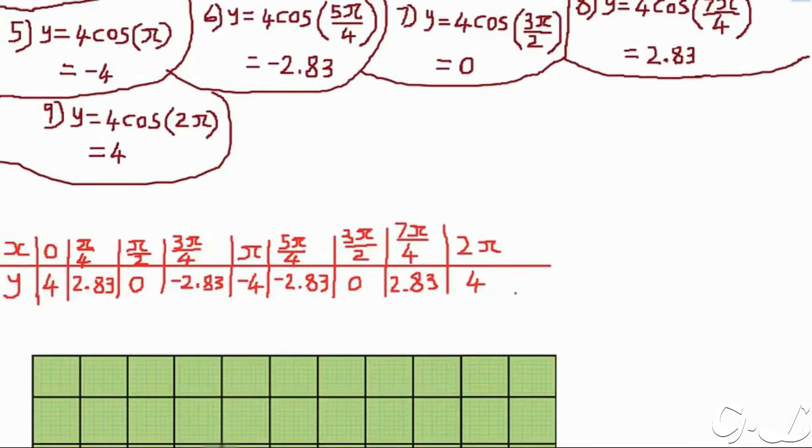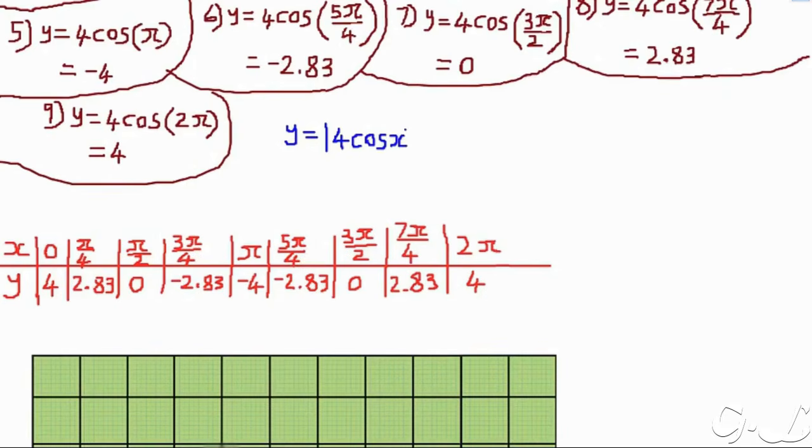The first one, we have 0, 4; pi over 4, 2.83; pi over 2, 0; 3 pi over 4, negative 2.83; pi, negative 4; 5 pi over 4, negative 2.83; 3 pi over 2, 0; 7 pi over 4, 2.83; 2 pi, 4.